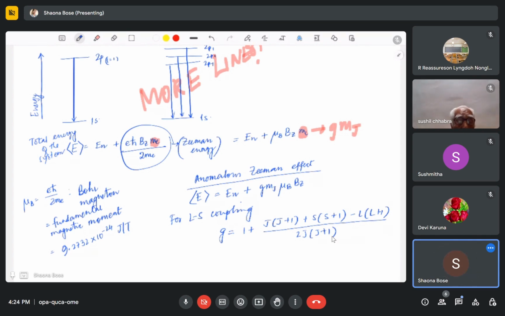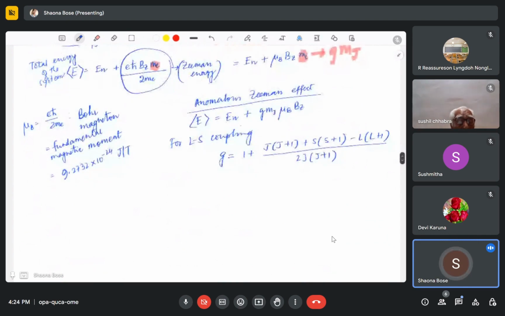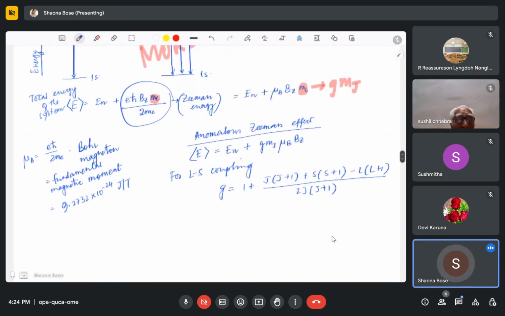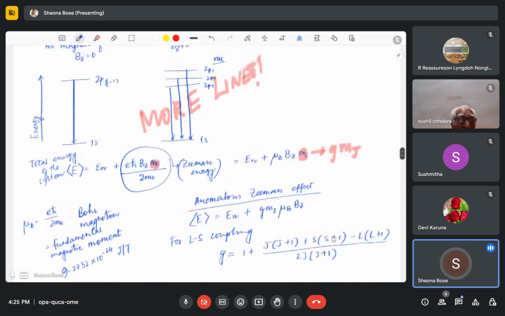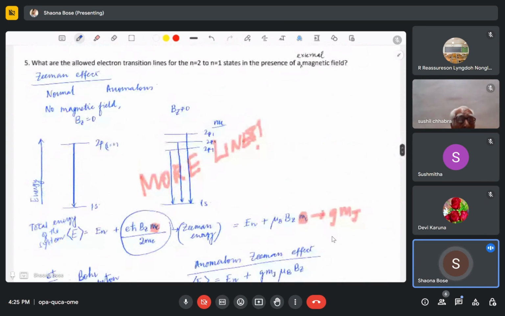So because of these changes, we will have the Mj term now, and because of LS coupling, the degeneracy in Mj gets removed when we apply an external magnetic field.